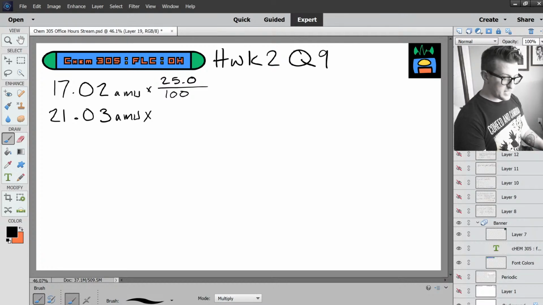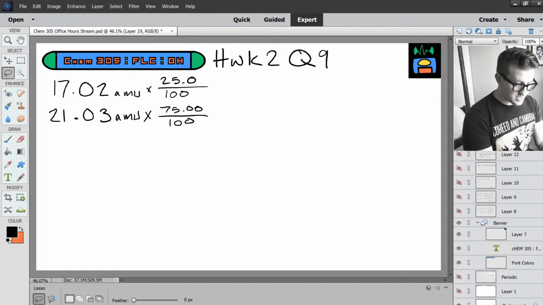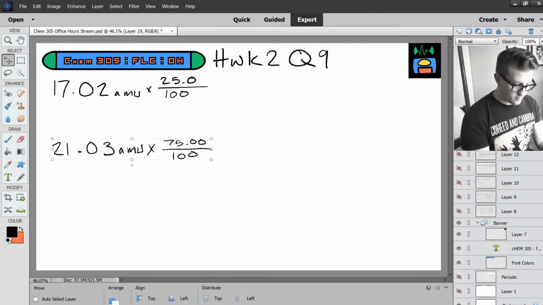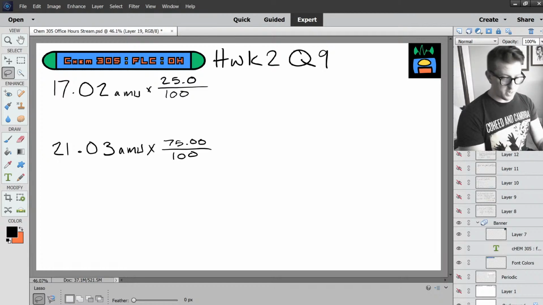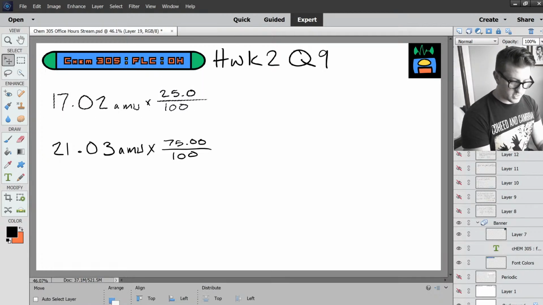We're going to do the same thing to 21.03, except it's 75.00%. So we throw that over 100. I'm actually going to separate these out a little bit. Give them a little room to breathe. All right. I want to scoot this down just a hair.